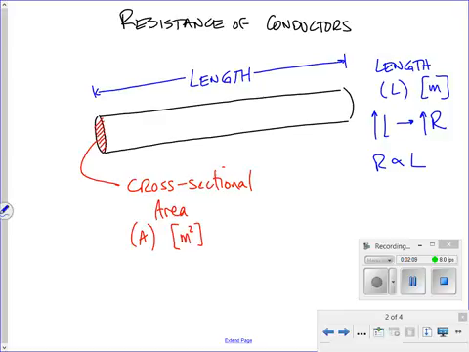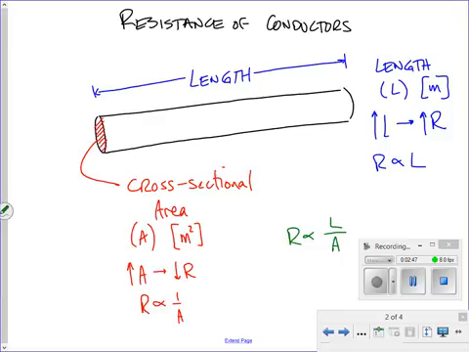Cross-sectional area works the other way. Bigger, fatter wires have smaller resistance, so resistance is inversely proportional to area. This suggests that resistance is proportional to L over A.